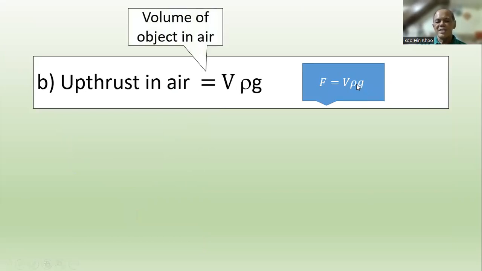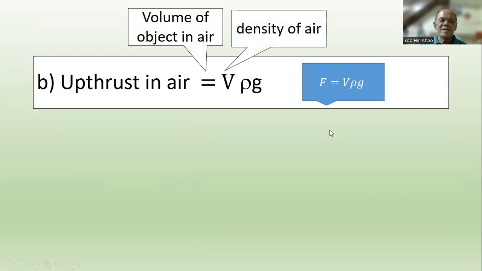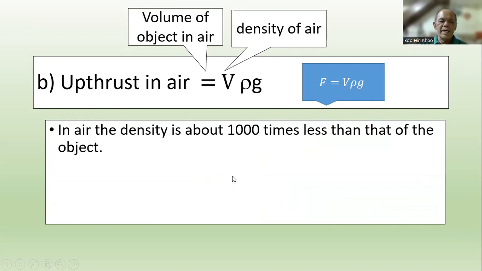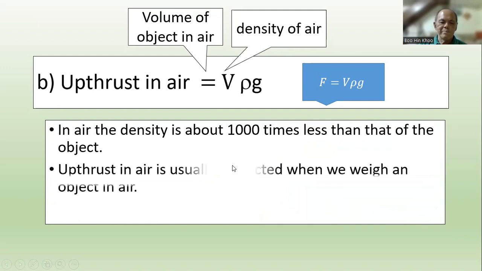Remember V rho G. For the volume of object in air, you can use the same formula, with the density of air. In air, density is 1,000 times less than that of the object. Upthrust in air is usually neglected when we weigh an object in air.